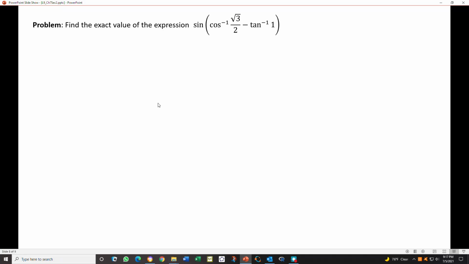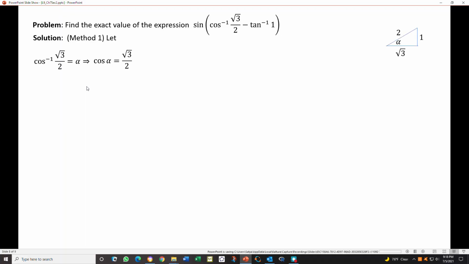Well, there are two ways of solving this problem. Method 1. We'll adopt a similar strategy as the previous one. That is, we'll say let cosine inverse of square root of 3 over 2 be equal to alpha. And that implies cosine alpha must be square root of 3 over 2.